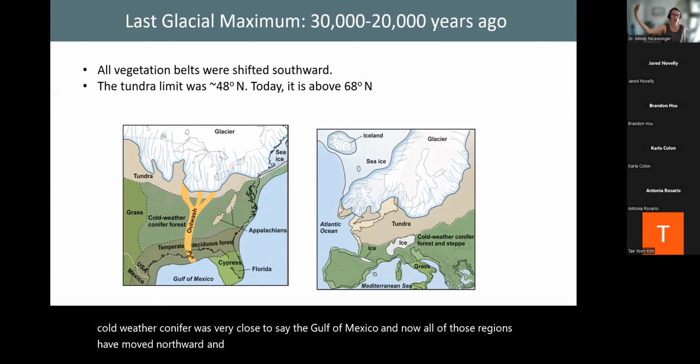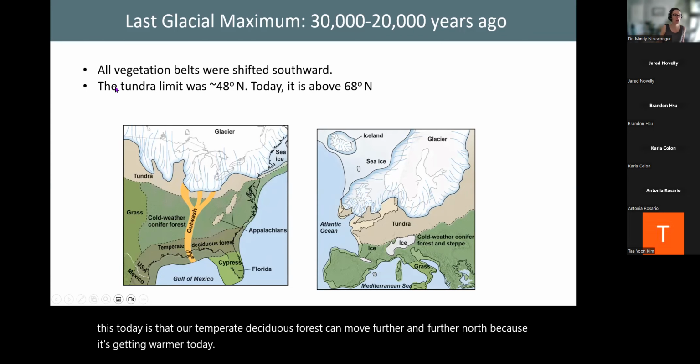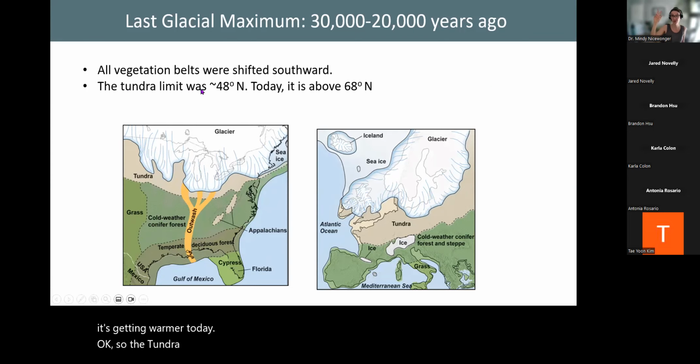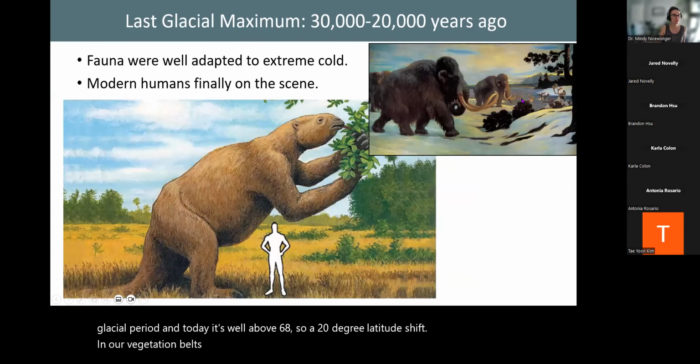And we're actually starting to see the opposite of this today, that our temperate deciduous forest can move further and further north because it's getting warmer. The tundra limit was about 48 degrees north during the last glacial period, and today it's well above 68. So a 20-degree latitude shift in our vegetation belts.